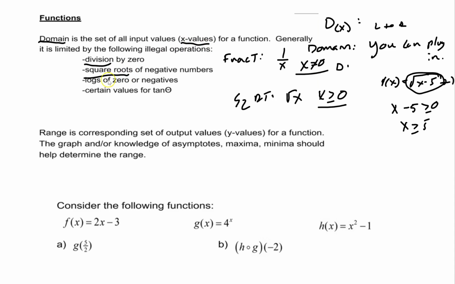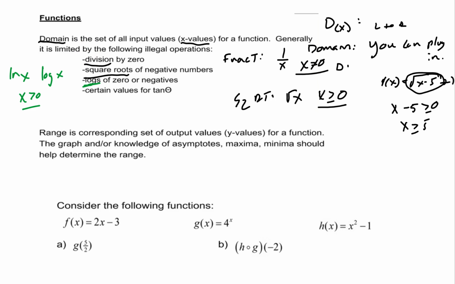For logs and natural log, the domain is x has to be greater than 0. That's the domain for logs and natural logs. You can't take a log of 0 or negatives. Logs and natural log have the same domain: x has to be greater than 0.